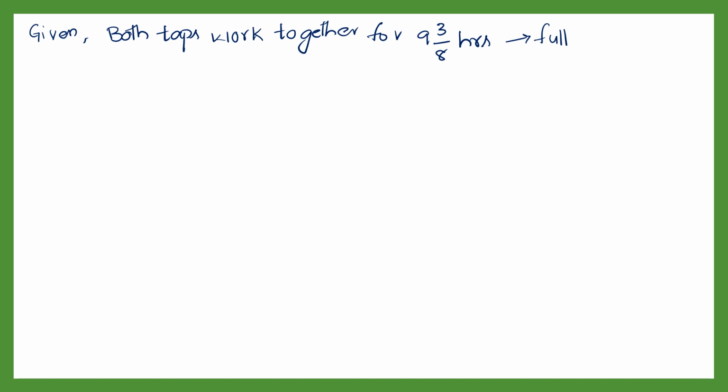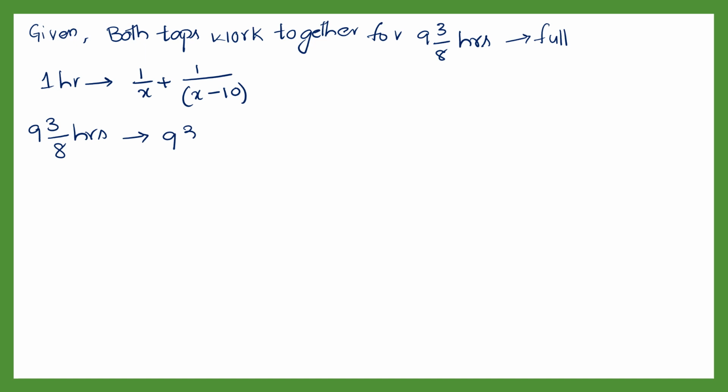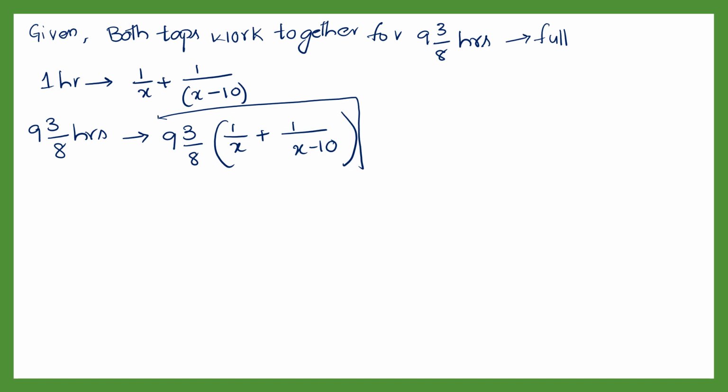We know that in 1 hour, the volume filled by both taps together is 1 by x plus 1 by x minus 10. So in 9 3 by 8 hours, the tank filled is 9 3 by 8 into 1 by x plus 1 by x minus 10. They told that if both work for 9 3 by 8 hours, the tank will be full, so this will be equal to 1.